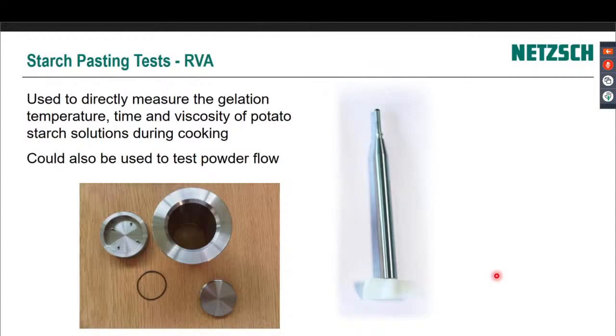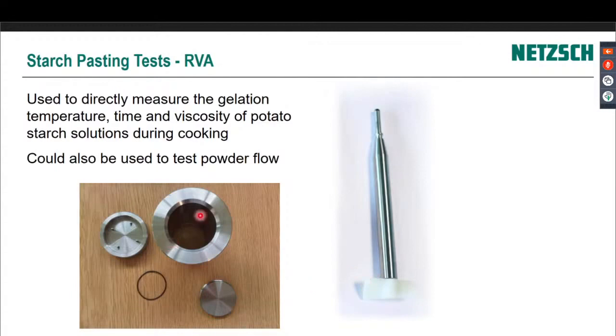So if we have a starch paddle here, this is a direct replica of the RVA, the rapid visco analyzer. And you put this cup together, it's got a removable base here, in 3 pieces. And then you put the liquid in, water, and then you put in the starch potato powder, and then you spin this around, and it actually mixes everything up.